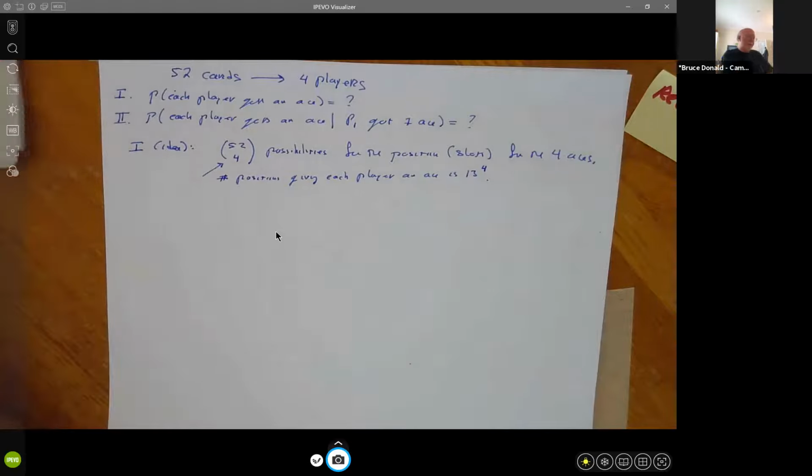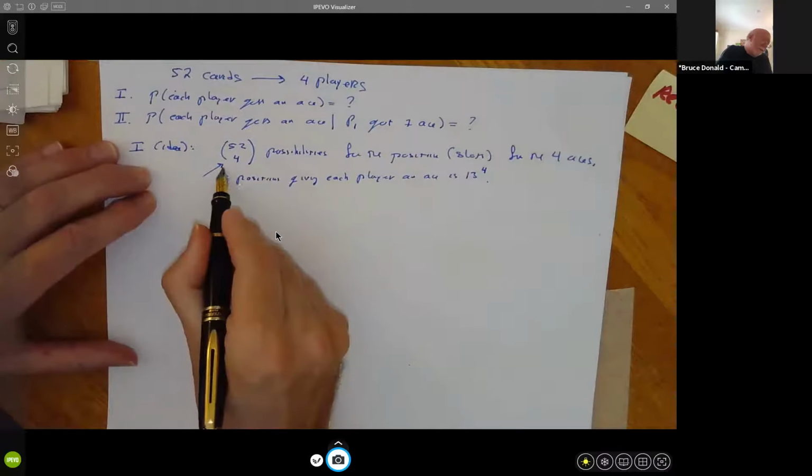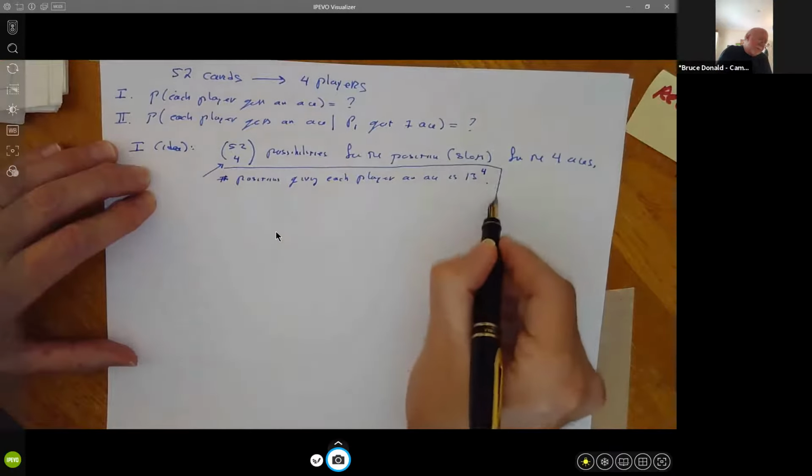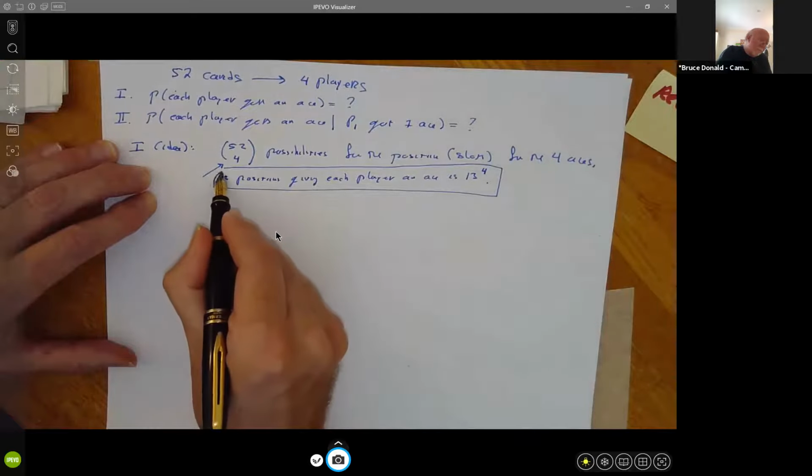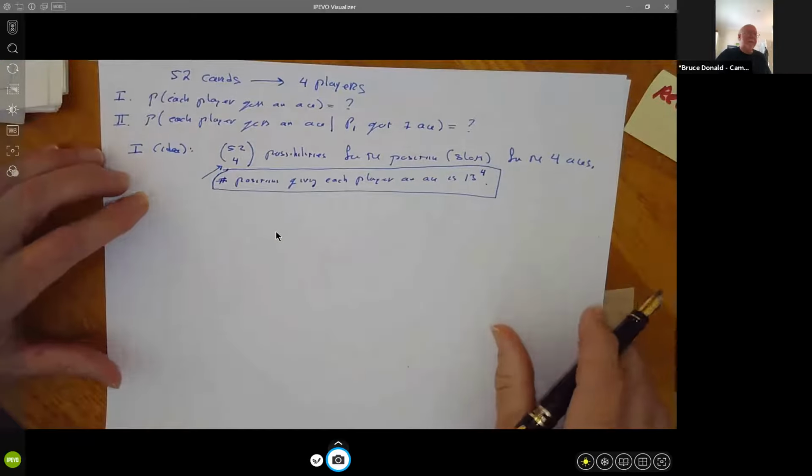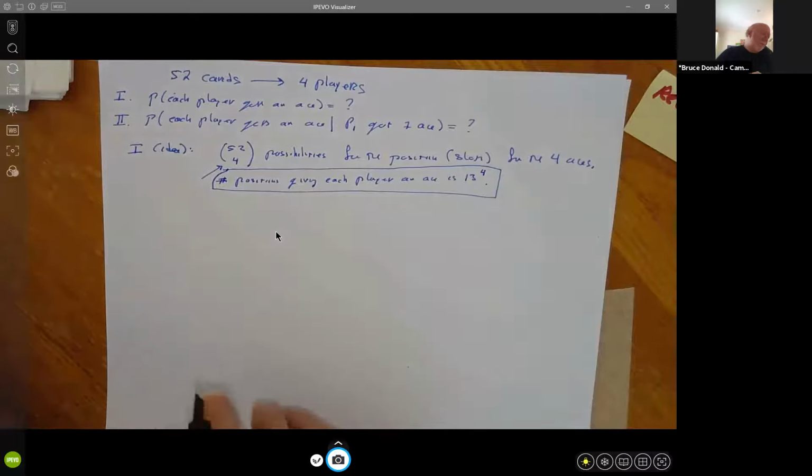Let me ask you if this statement makes sense to you. And if not, we'll go into some detail. Do you see why the number of positions that give each player an ace is 13 to the 4? And if you don't, please ask me a question.